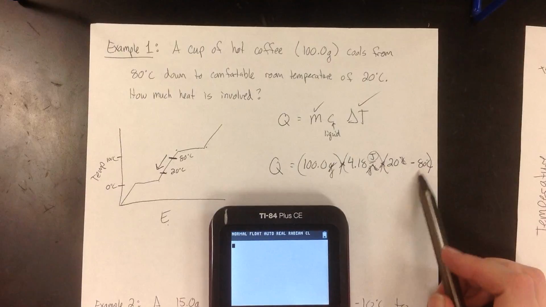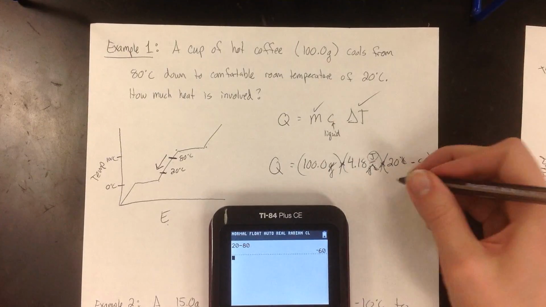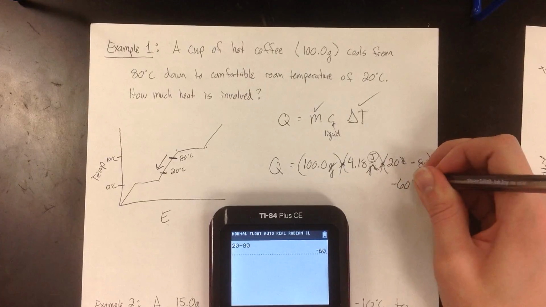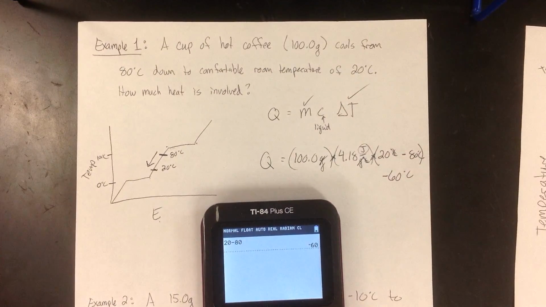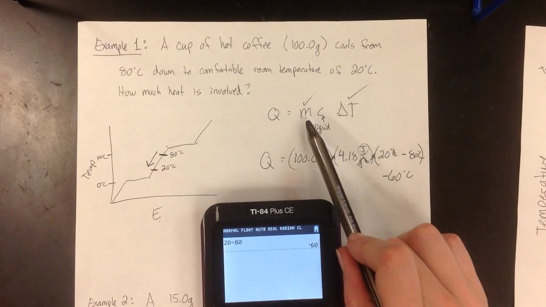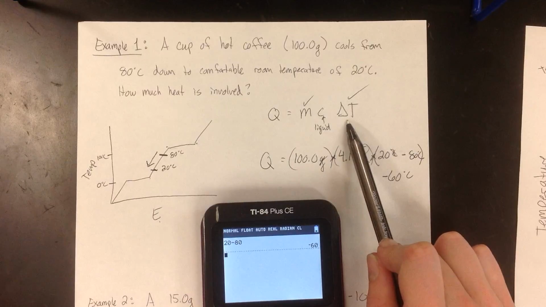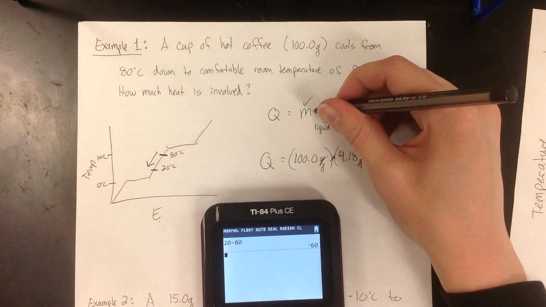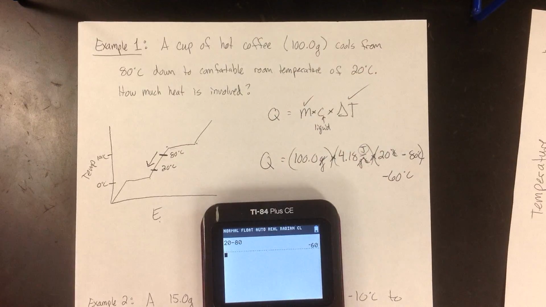I'm going to do the subtraction part first. So 20 minus 80 gives me a negative 60 as my temperature change. Then from there, I need to take my mass times my C times my temperature change. Anytime you have your values right next to each other, it means that you're being multiplied together.